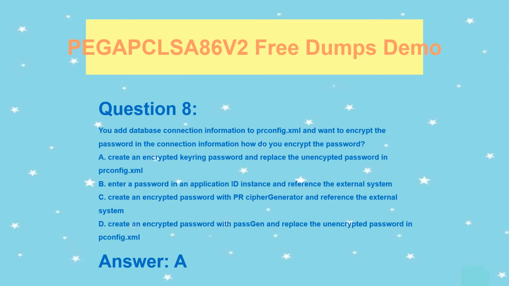B. Enter a password in an application ID instance and reference the external system. C. Create an encrypted password with the PR cipher generator and reference the external system. D. Create an encrypted password with passgen and replace the unencrypted password in prconfig.xml. Answer: A.